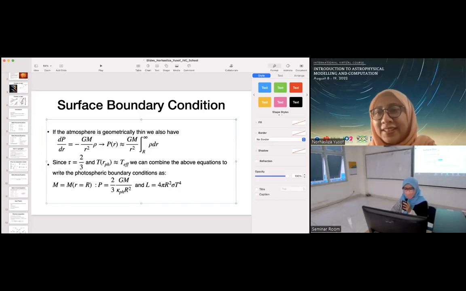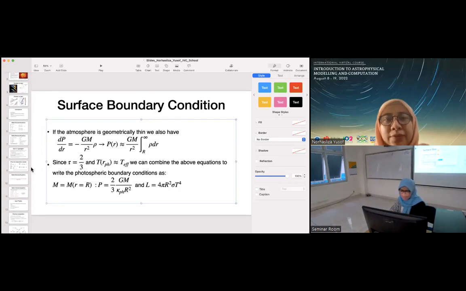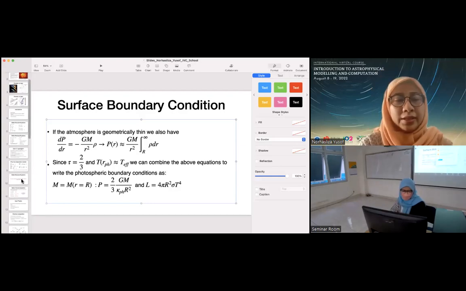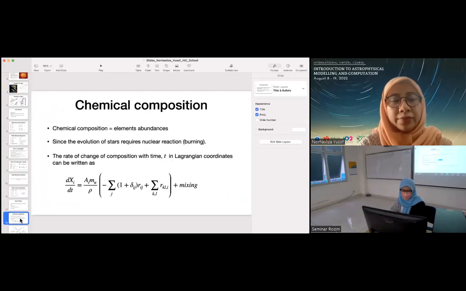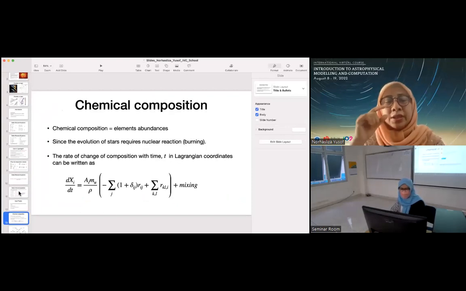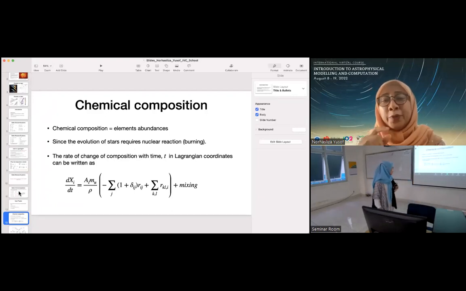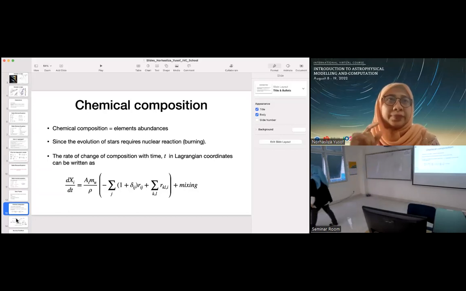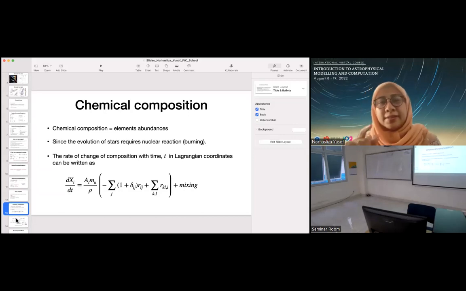From Sophia: how do we get the value of the optical depth? Maybe you can answer. Okay, sorry, I hope the voice is not echoing. The optical depth comes from the estimate of the photosphere. There is an equation to calculate the optical depth, if I'm not mistaken, and it depends on the type of star. There is a certain value for that particular optical depth.